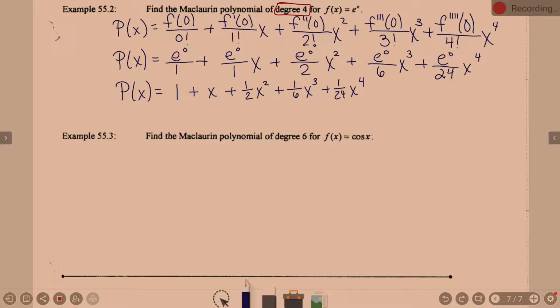If you are wanting to leave it in a Maclaurin form, they would say 1 plus x still, but they would go back and leave the factorials on the other pieces. So they would leave it as x squared over 2 factorial plus x cubed over 3 factorial plus x to the 4th over 4 factorial.